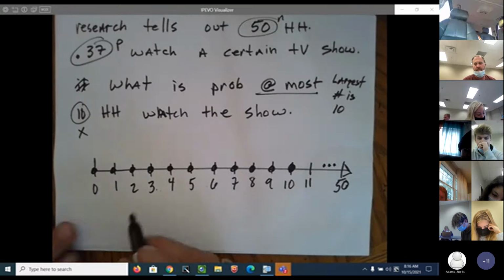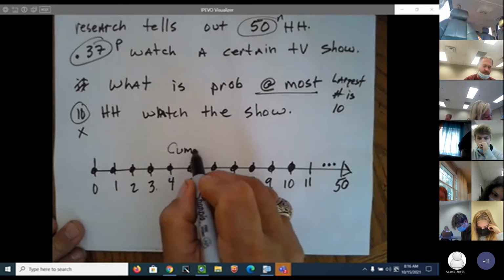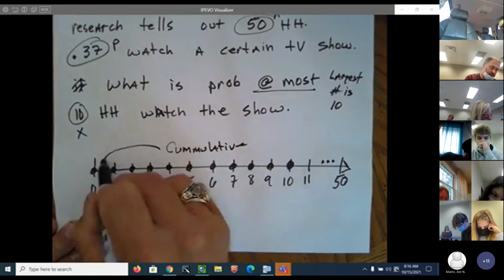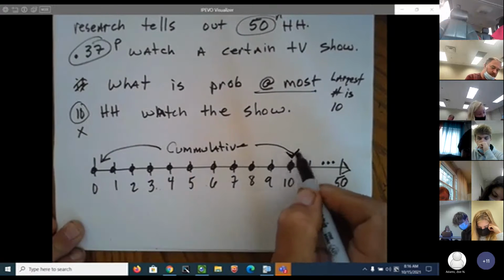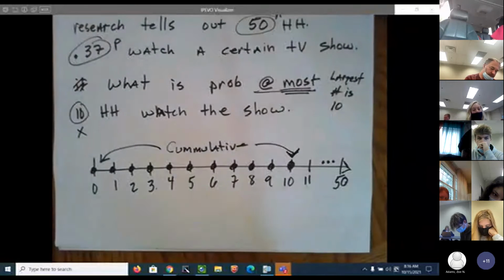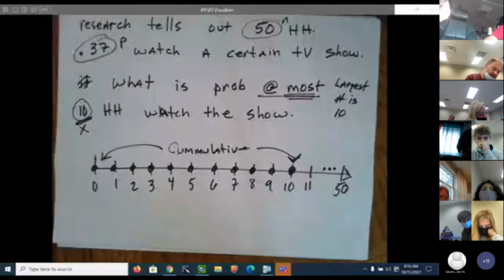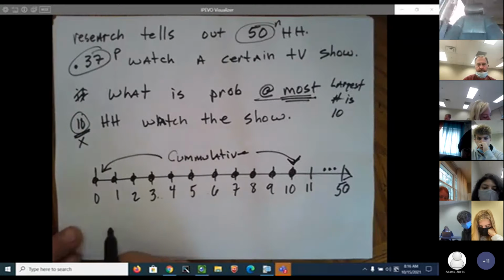So we're going to do binomial CDF. We need cumulative from 0 to 10. Are we including 10? Yes. At most means you include 10. So X is 10. I'm going to give you an example of one that's not inclusive in just a second. So we do binomial.